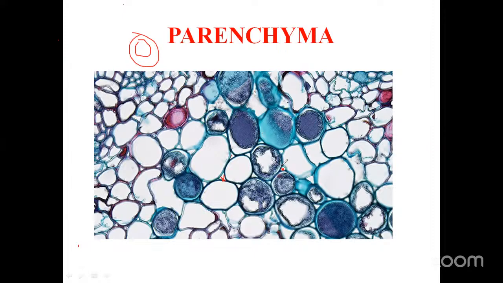And parenchyma cells show considerable variation in their structure. They have thick walls in storage tissue. Based on this, different types of parenchyma tissues are there. One is storage tissue, called storage parenchyma, another one is chlorenchyma, and another one is aerenchyma.